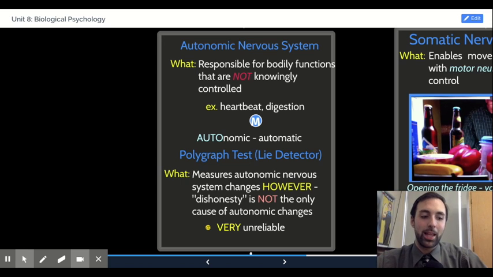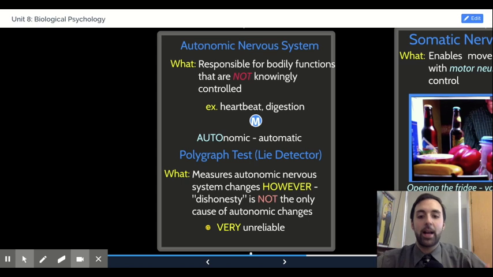However, dishonesty or lying itself is not something that always registers the exact same way on a polygraph test. There are other physical states, like excitement, that might also trigger similar changes on an autonomic level. So dishonesty is not the only cause of autonomic changes, and as a result, polygraph tests are extremely unreliable. They're actually not admissible in court because of how unreliable they are.